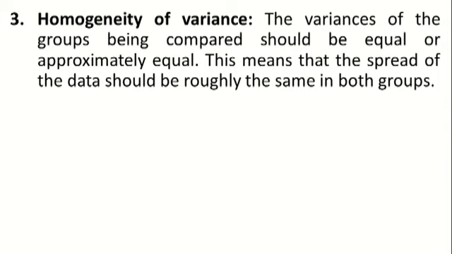That's what we are calling the homogeneity of variance. But if it differs so much, then you'll have violated this assumption. Then you should use the non-parametric equivalent test. Now, this means that the spread of the data should be roughly the same in both groups. They should not differ so much.